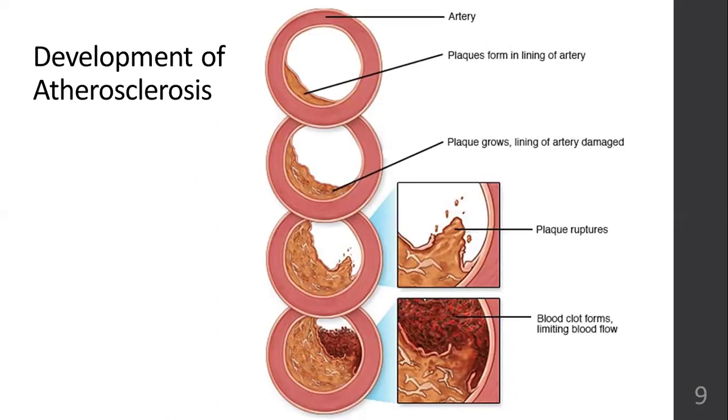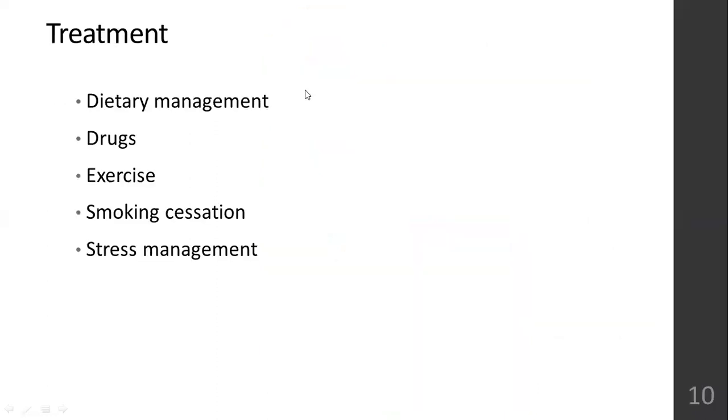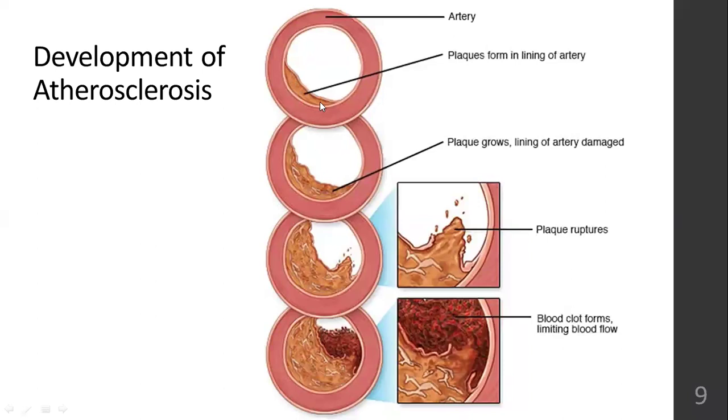So the development of atherosclerosis, you can see here. Earlier it's a very thin lining of plaque that is forming in the artery, very thin. It is just oil, just lipids, LDL, low density lipids. Over time, since this lipid is attached here, it will attract a lot of blood cells, monocytes and all. These cells will come and attach themselves to the plaque.